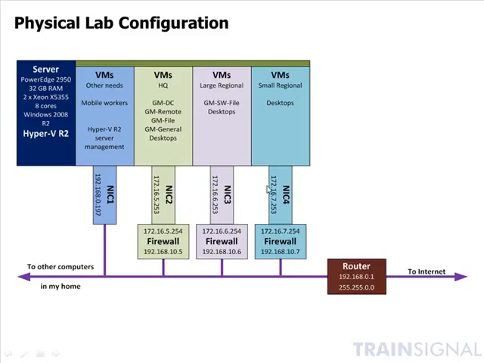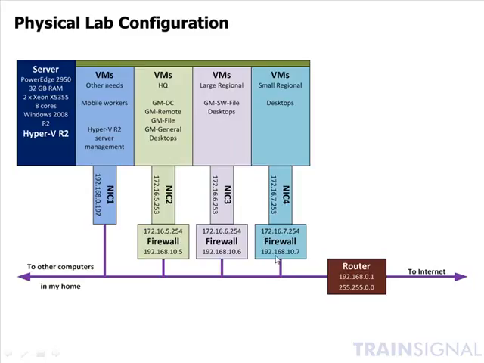They're connected to a NIC that has the address 172.16.7.253. From that network adapter, we are connecting to a firewall with an IP address of 172.16.7.254 with an outside firewall address of 192.168.10.7.